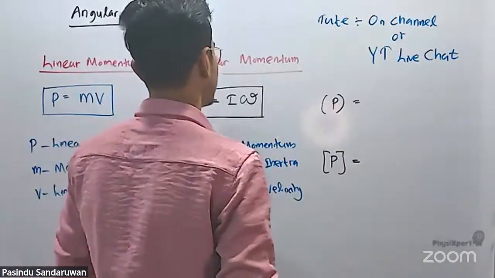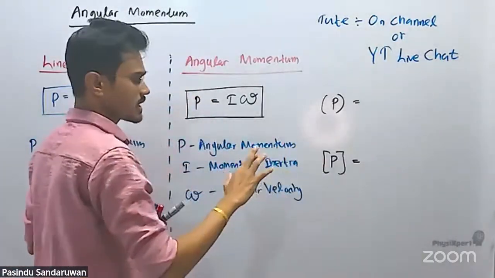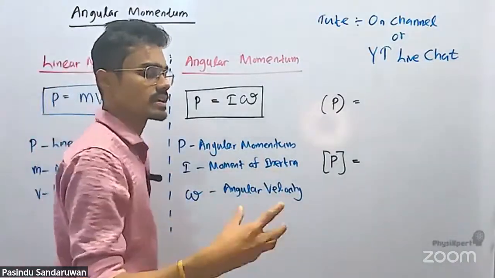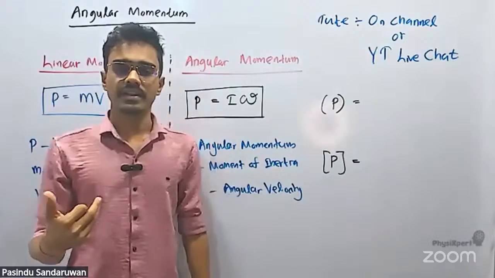About I, we know I is mr squared. Whatever the coefficient in front, it is a number.